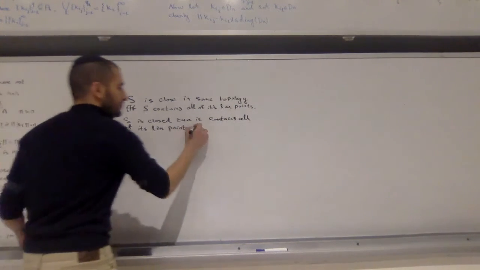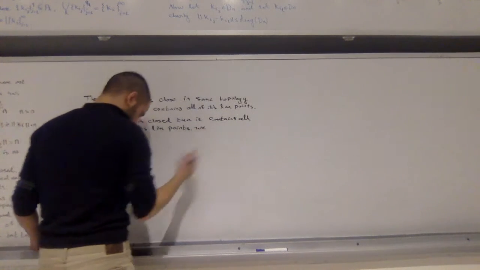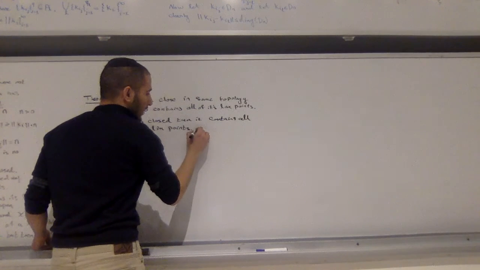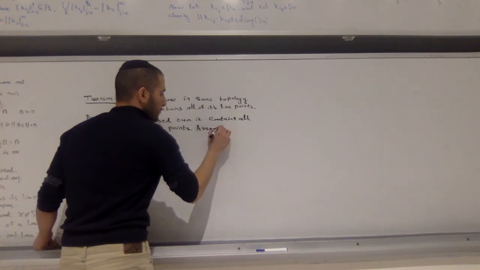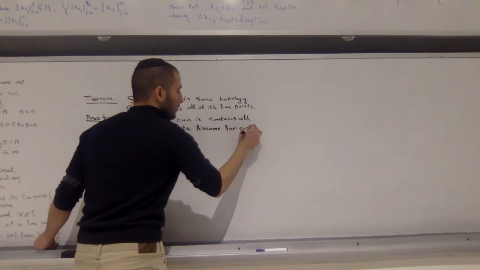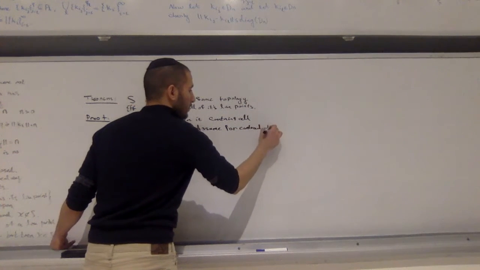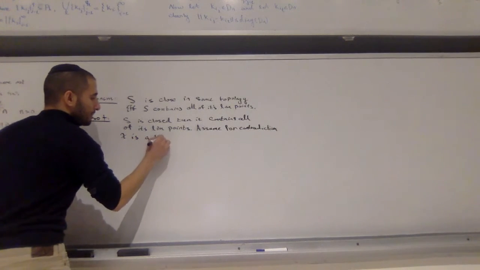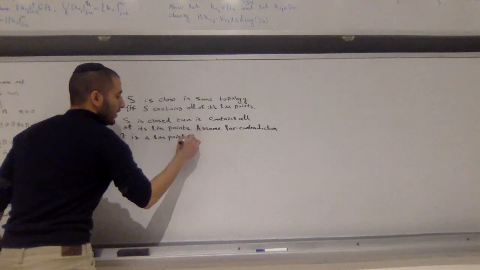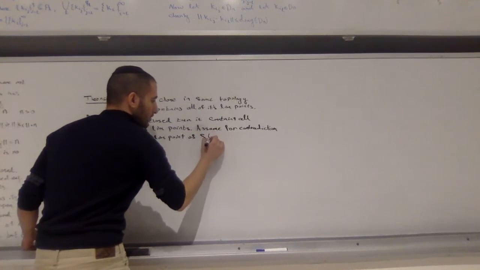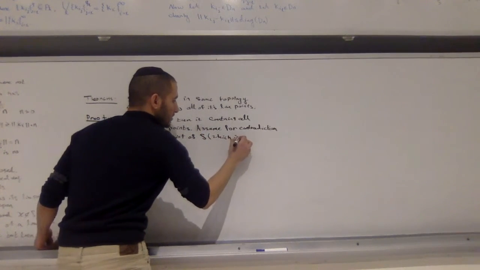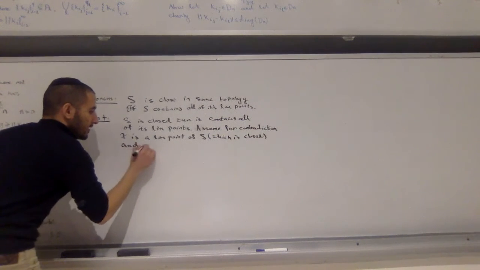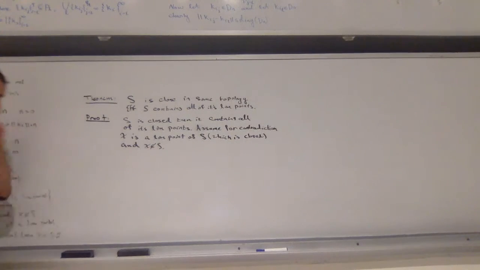Well, let's just assume for contradiction that X is a limit point of S, which is closed, and X not in S.